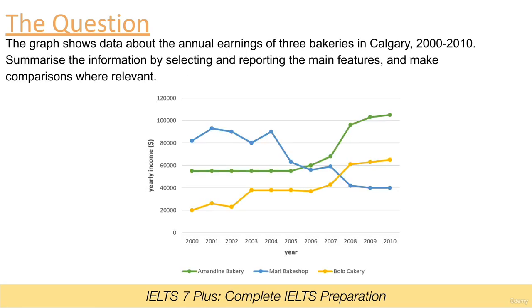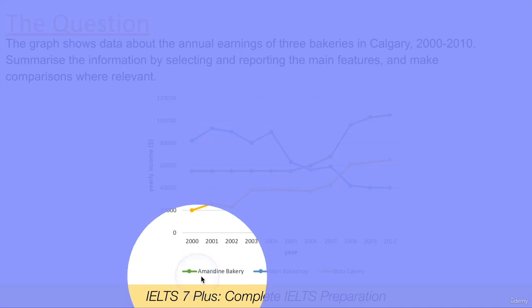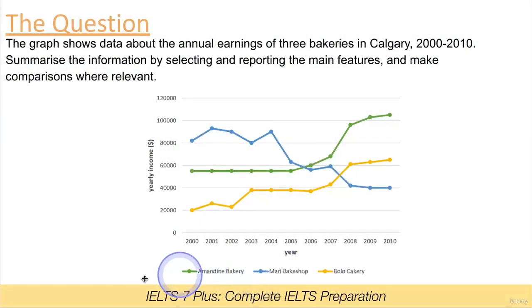Okay, so let's bring in the data. Right, here we go. So this is our line graph. We've got our bakeries down at the bottom here: Amandine Bakery, Marie Bake Shop, and Bolo Cakery. We've got the year 2000 here, and 2010 here.